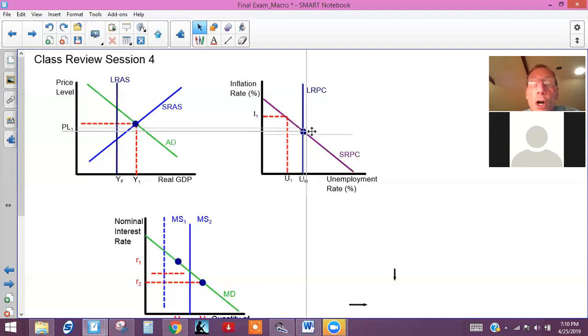So the way to think about that is that if you're here, and you have an inflation rate that's higher than it would be at the natural level of unemployment, the way you're going to get a movement along the line here is to get a shift over here.